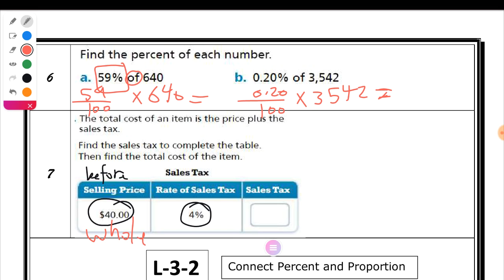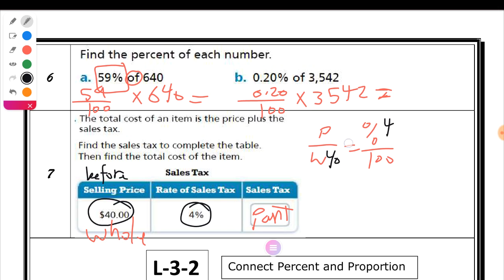So I need what? Part. Find the part, please. So part over whole equals percent over 100. Instead of whole, I'll put 40, and instead of percent, I'll put 4.